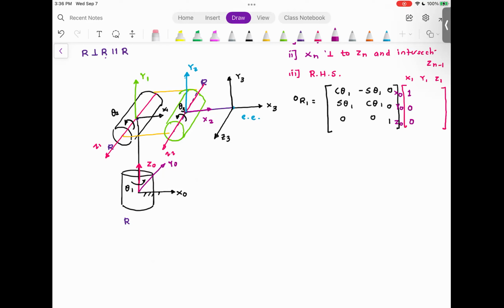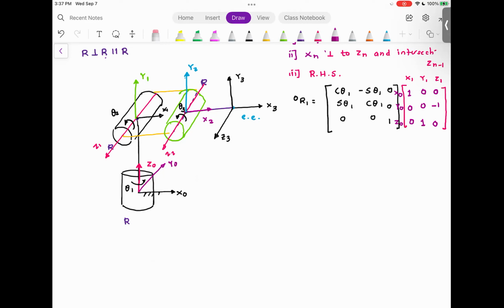Y1 is in the same direction as Z0, so basically 0, 0, 1. And Z1 is in the opposite direction of Y0. Do you agree with me? So 0, -1, 0. Do you agree with me?